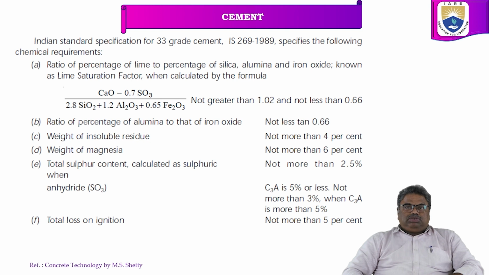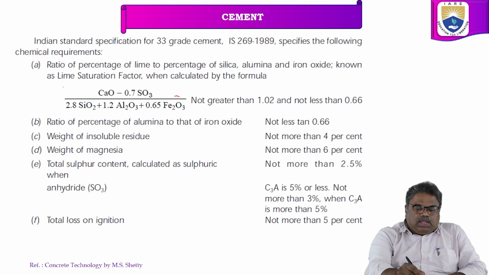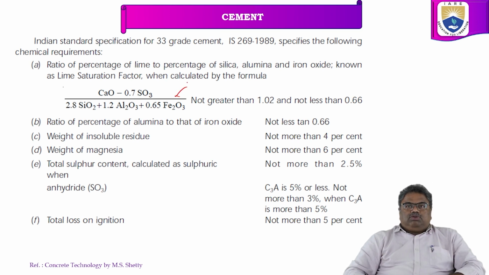The ratio of the percentage of lime to silica, the lime saturation factor, we have to calculate, and it should not be greater than 1.02 and not less than 0.66.